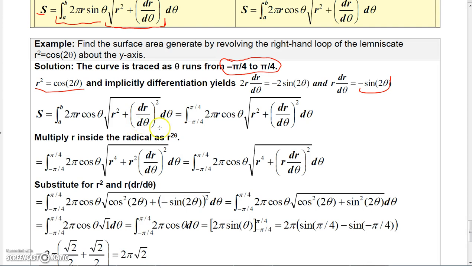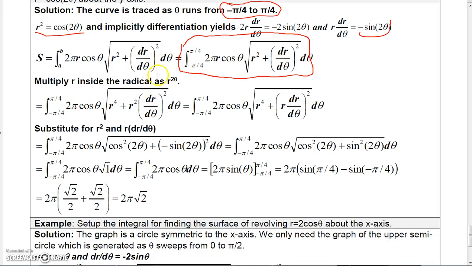Okay, now I'm going to do some interesting things here because I know it works. So just bear with me here. Now we want to integrate from minus pi over 4 to pi over 4 of 2 pi r cosine theta, since we're revolving around the y-axis, times the square root of r squared plus dr over d theta quantity squared.